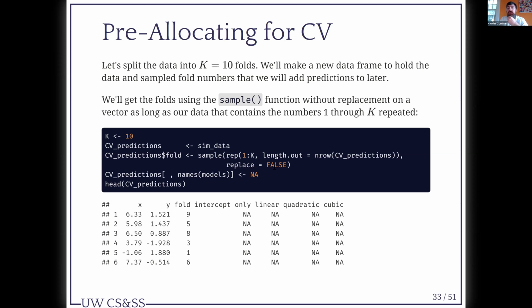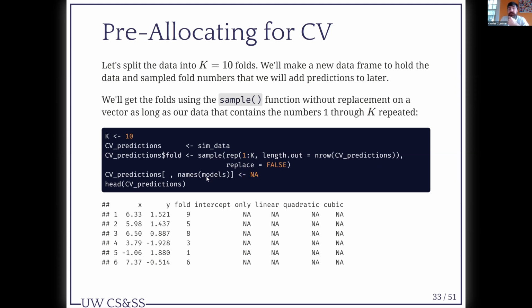Okay. I also do one tricky thing here. I want to assign the predictions for each model to their own column. So I've abused a little trick in data frames. I say CV predictions, subset, comma, names models, and then I assign NA to it. You've seen before that if I assign to a data frame some named element that doesn't exist, it will create a column.